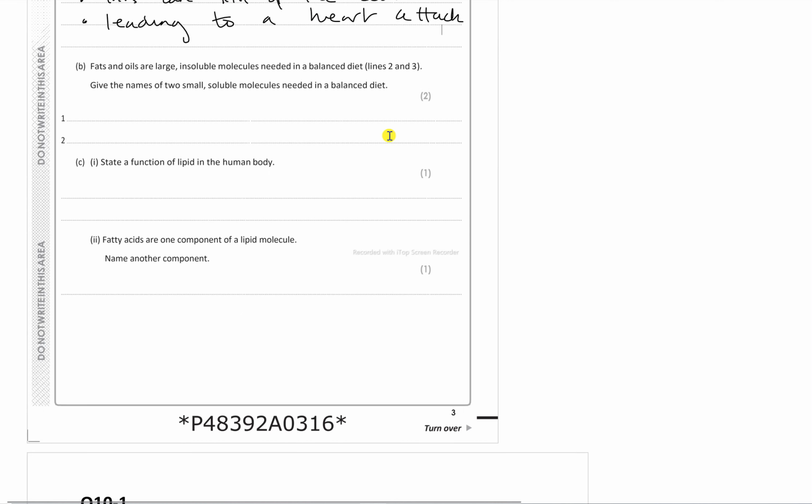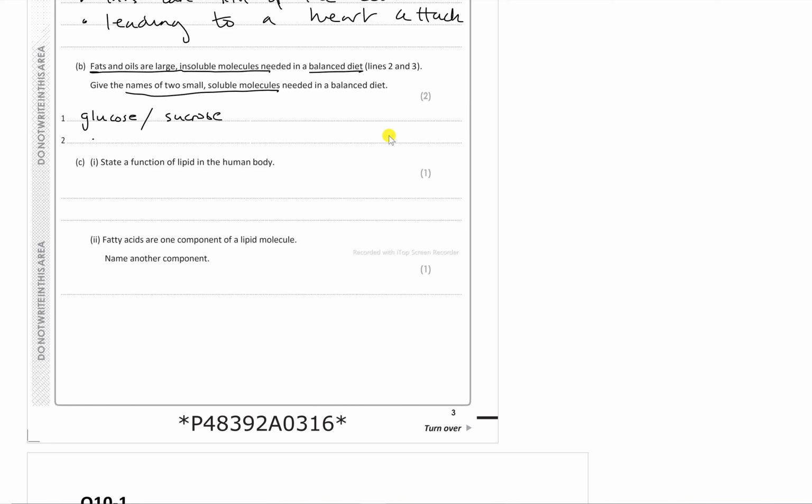Okay, that's okay. Right, fats and oils are large insoluble molecules needed in a balanced diet. Give the name of two small soluble molecules. So you could have glucose or sucrose. That means that it can be absorbed into the blood.